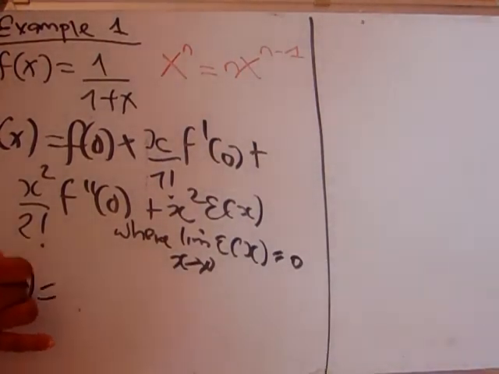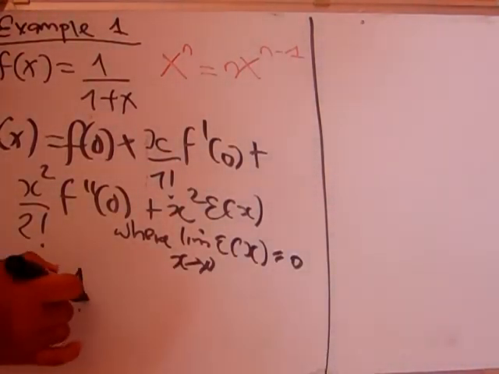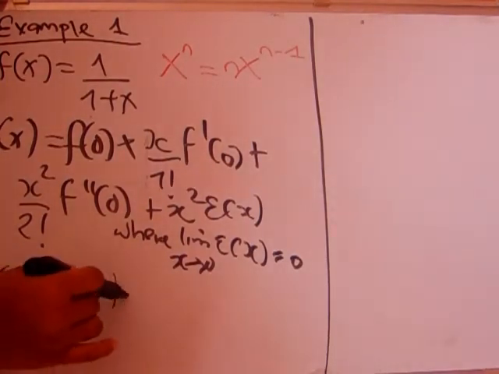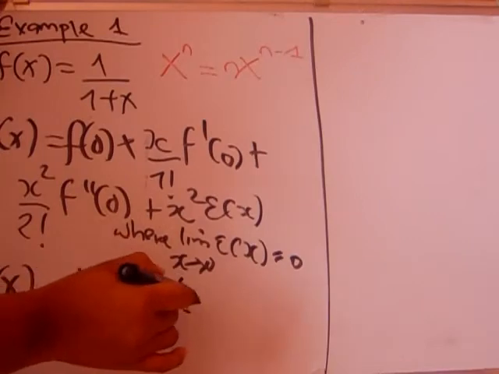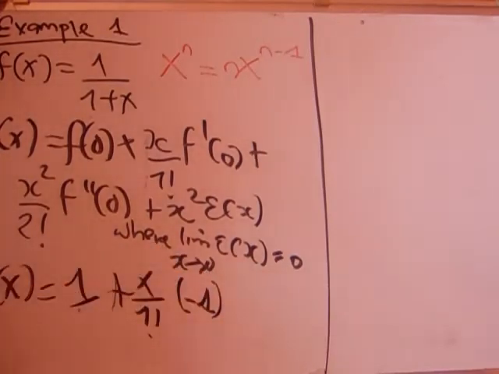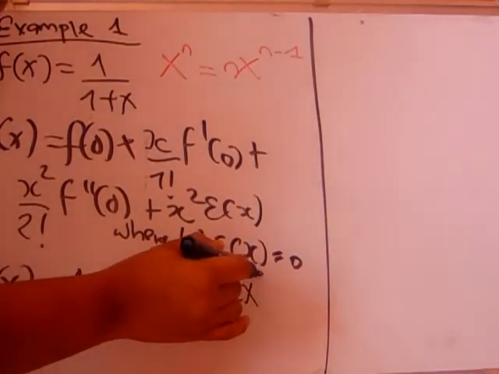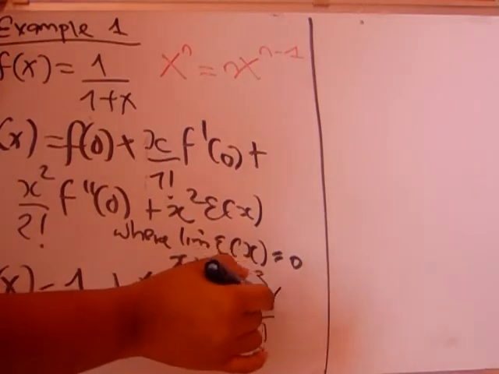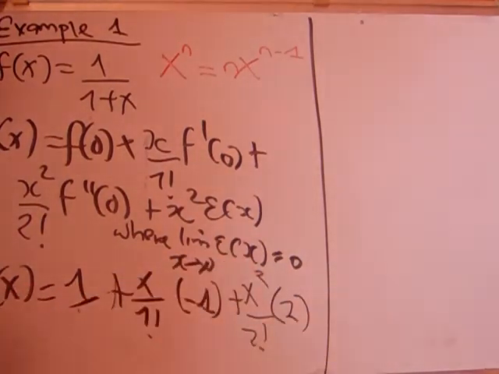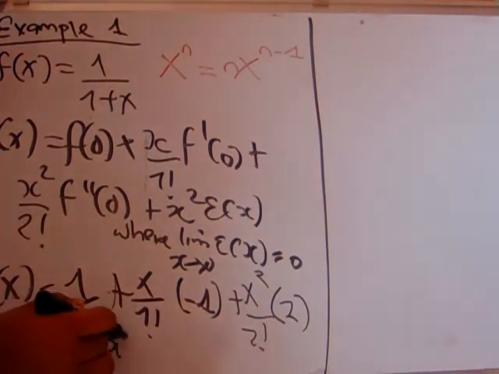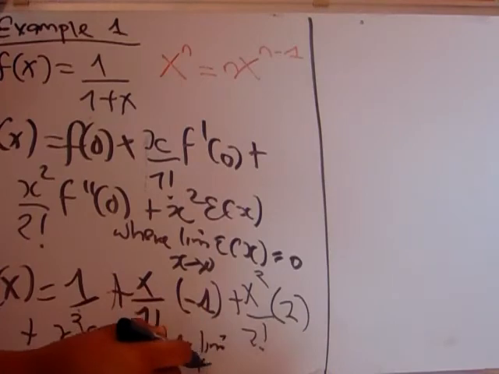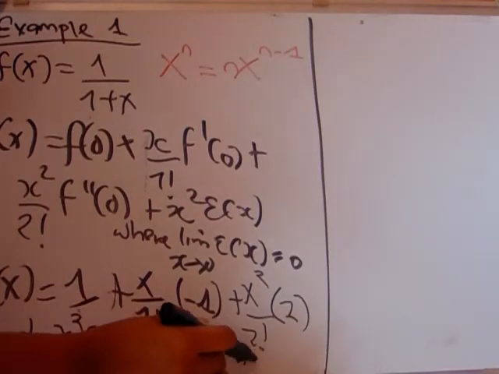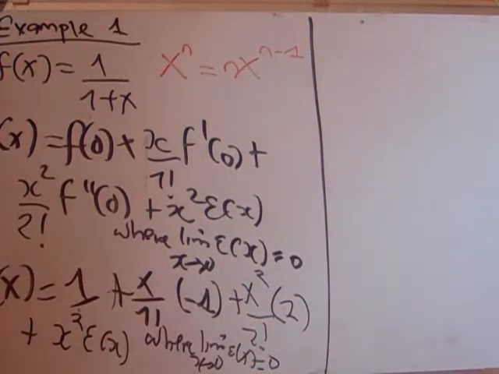So our final answer: f of 0 was 1, plus x over 1 factorial times f prime of 0, which is -1, plus x squared over 2 factorial times f prime prime of 0, which is 2, plus x squared epsilon of x, where the limit when x tends to 0 of epsilon of x is 0.